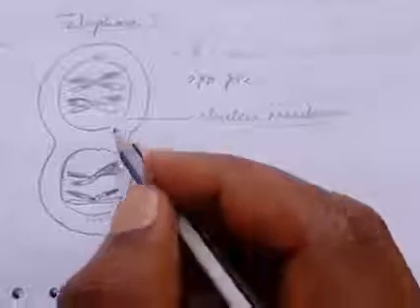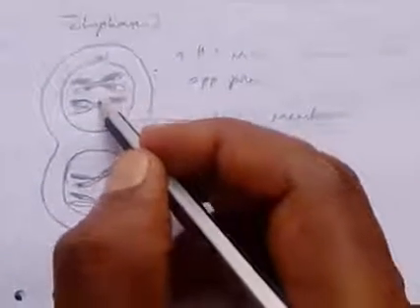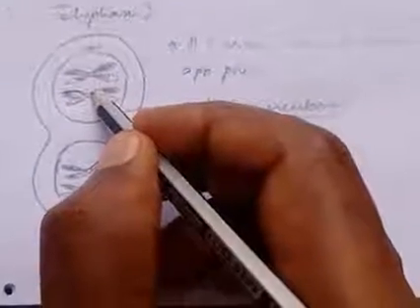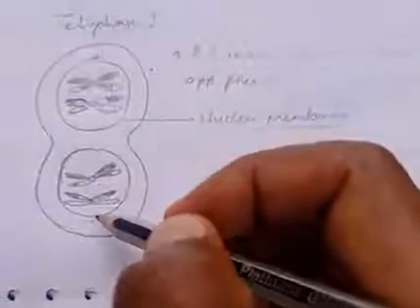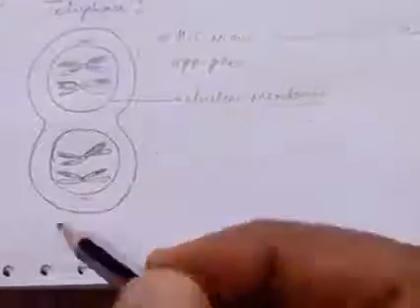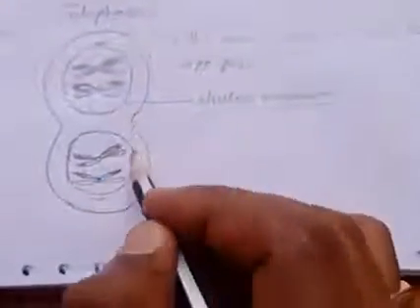So one set comes to one side and another set comes to the other side. These haploid sets of chromosomes move towards the opposite sides and form two daughter nuclei.